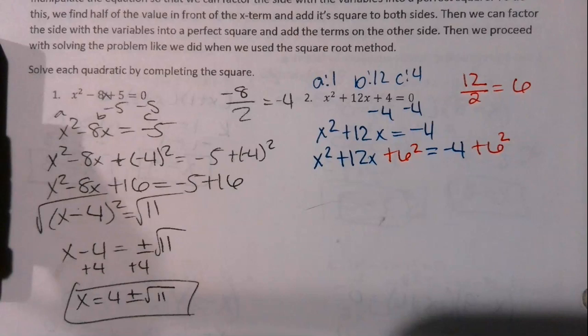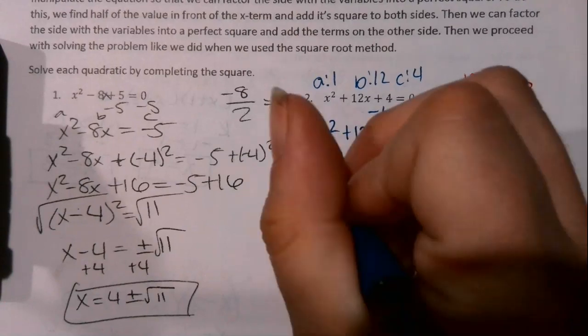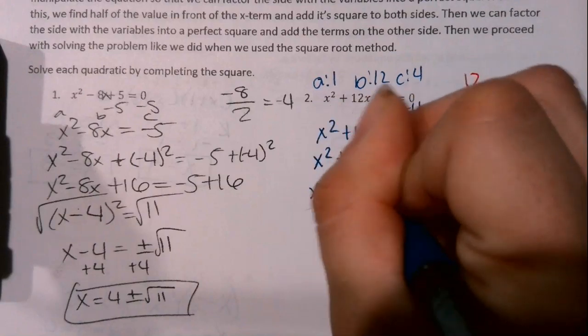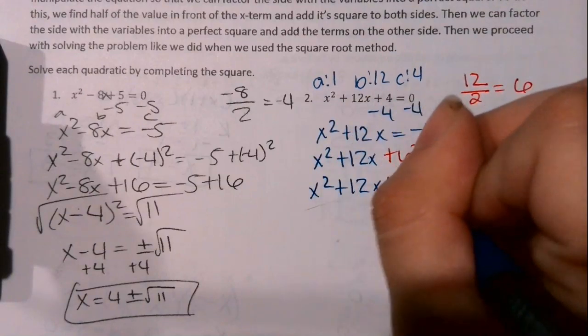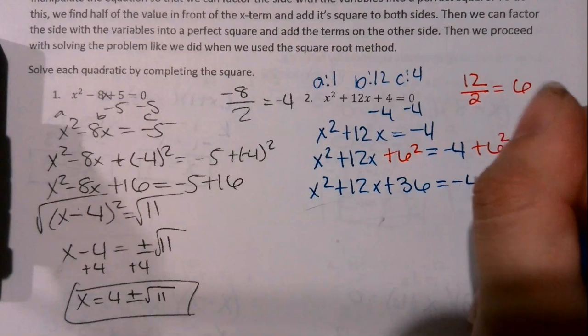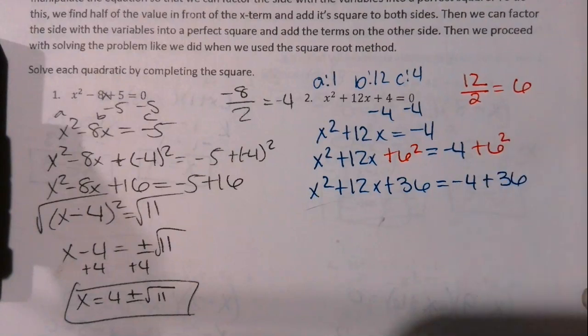Then I want to square 6. So I have x squared plus 12x plus 36 equals negative 4 plus 36.